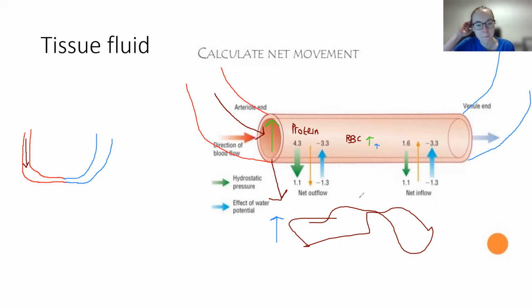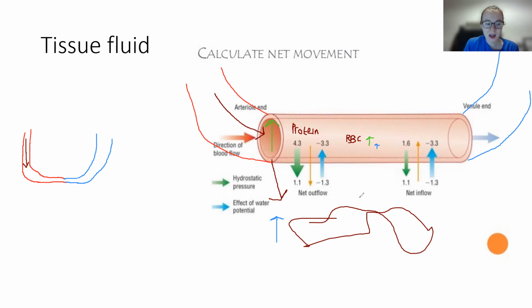If this is not making sense to you guys, we'll go back over it again. We'll do a summary. So at this moment in time, we've got low hydrostatic pressure within our capillary and low water potential, and we've got high water potential within our tissue fluid, outside the capillary.